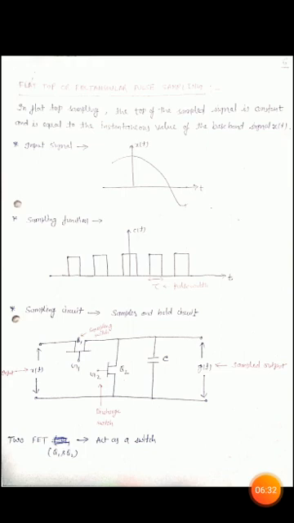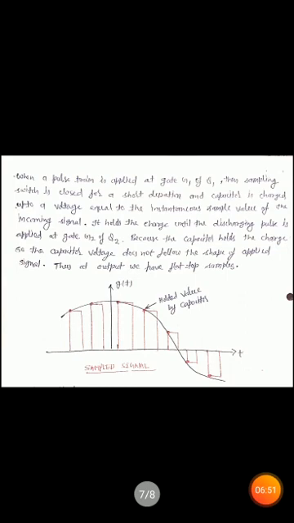In this circuit diagram we use two FETs, denoted by Q1 and Q2, and one capacitor, denoted by small c. At the input side we apply the input signal, that is a continuous time signal, and finally the output of this sample and hold circuit is the flat top sampled signal. When a pulse train is applied at the gate G1 of Q1, the sampling switch is closed for a short duration and the capacitor is charged up to a voltage equal to the instantaneous value of the incoming signal.